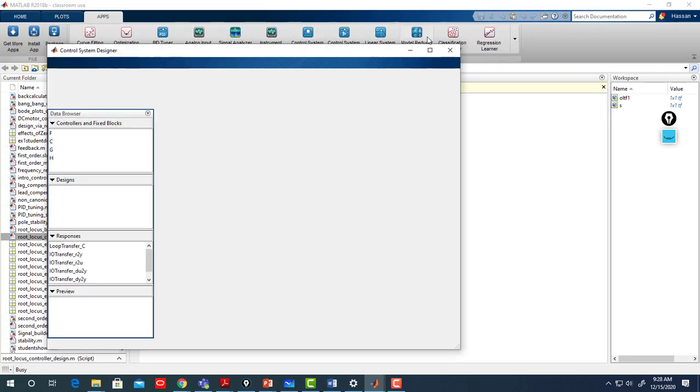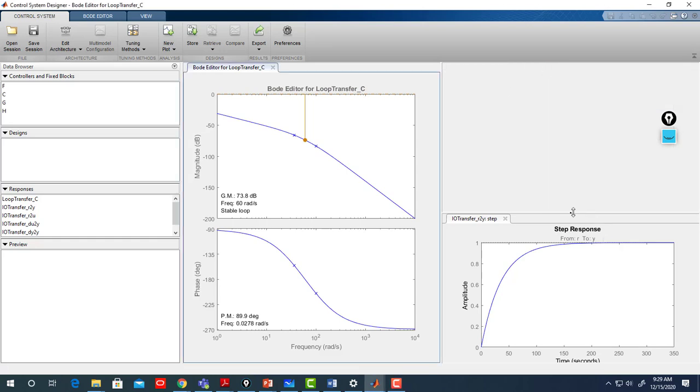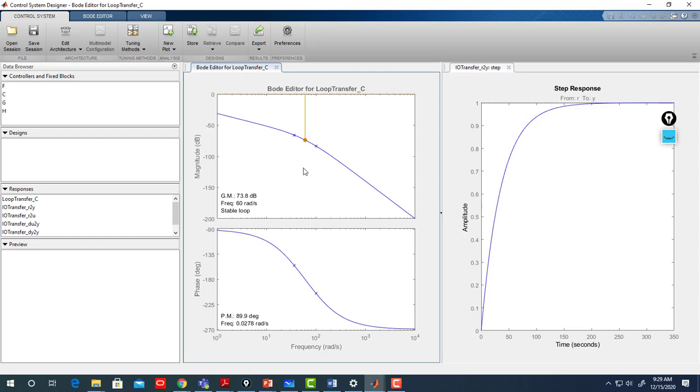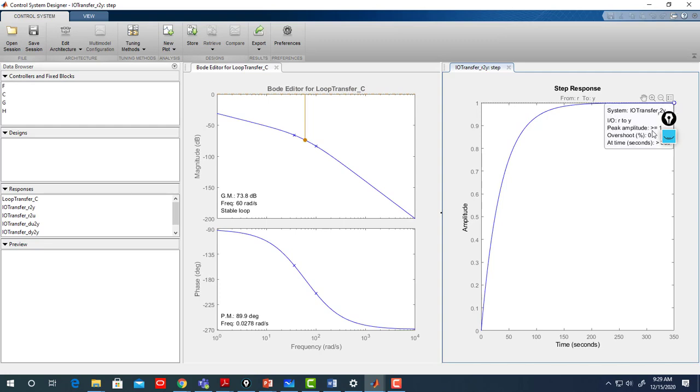So this time I don't want to use root locus. I just want to focus on frequency response method. So you need to find the gain that leads to the overshoot you need. Like peak response, it will give me the overshoot. So in this case I have 0 overshoot.